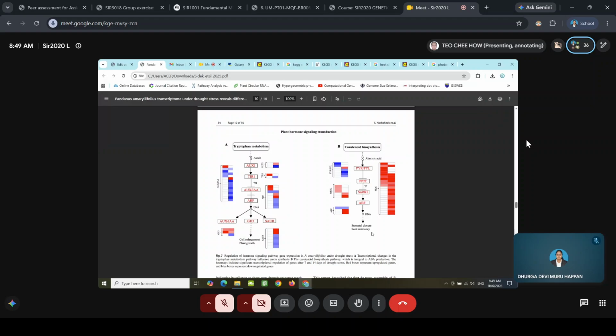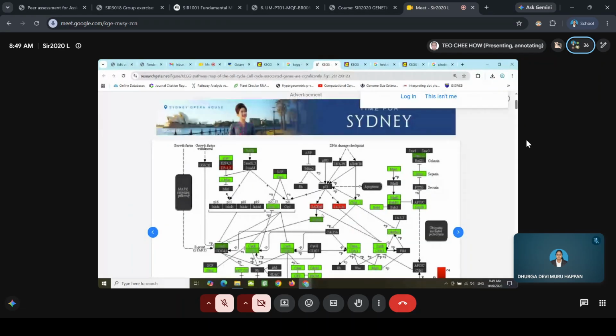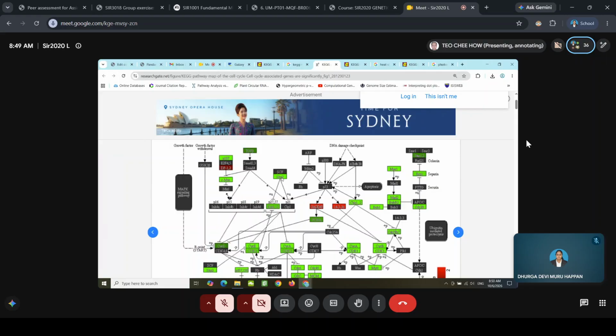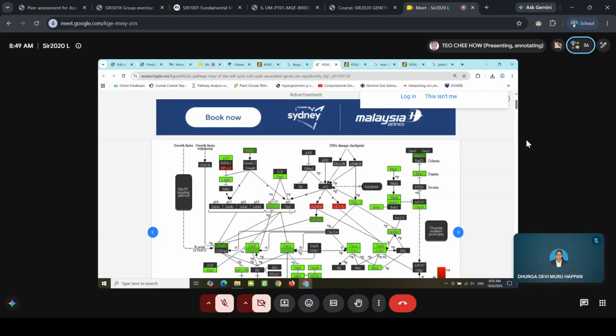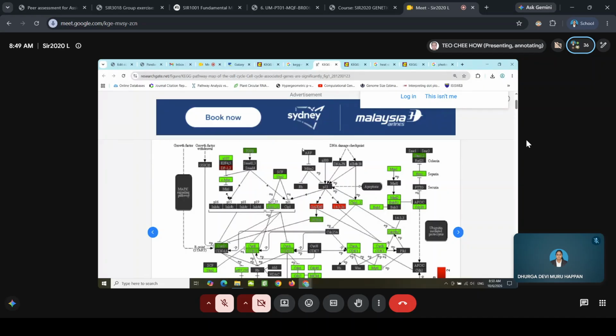When you have genes that clearly show in the pathway, then it's easy for you to explain, because you can explain easily. For example, downregulation of this leads to upregulation of this and others. And then what will happen then? It will lead to maybe other activity downstream.